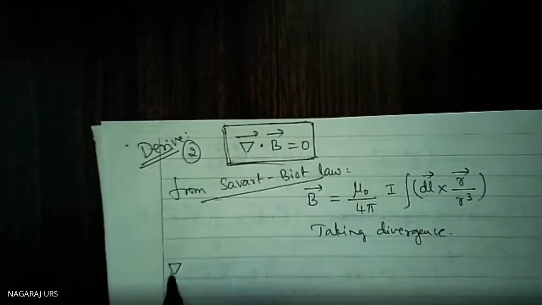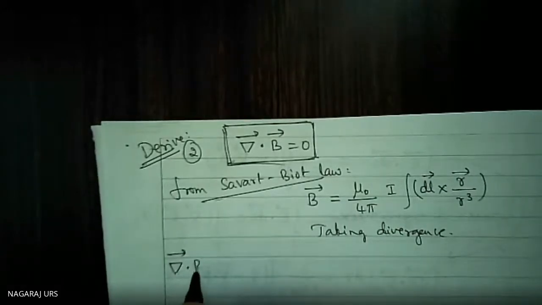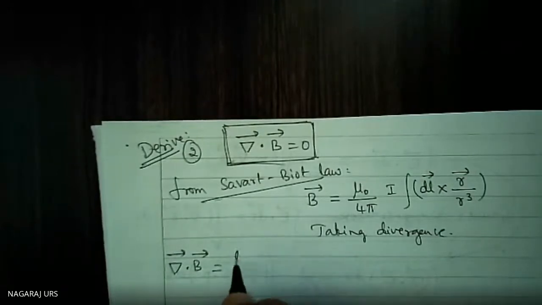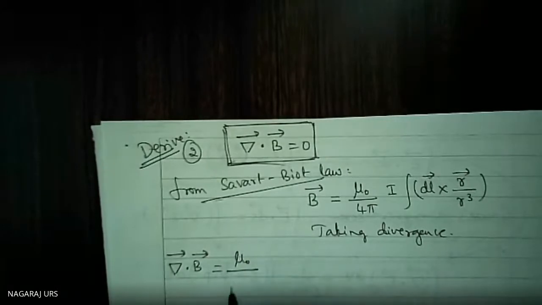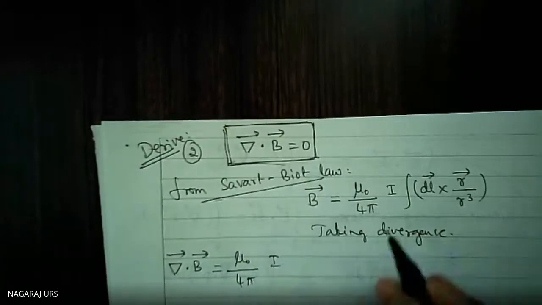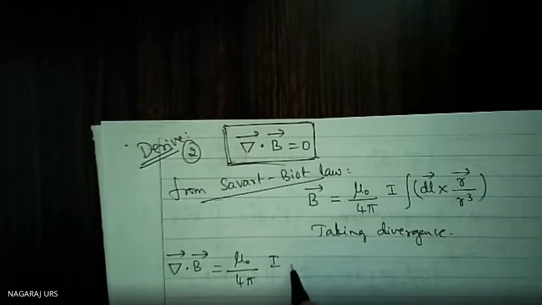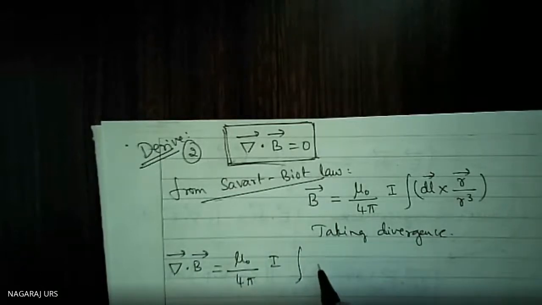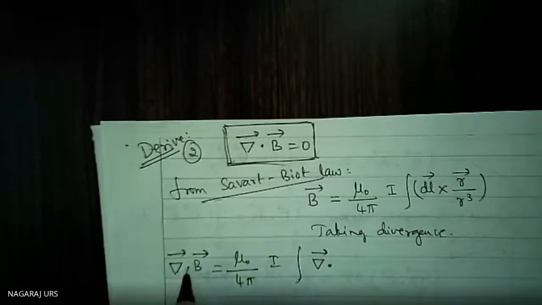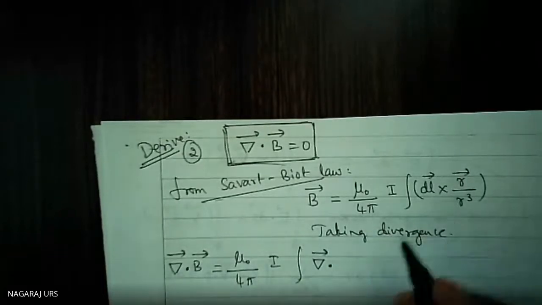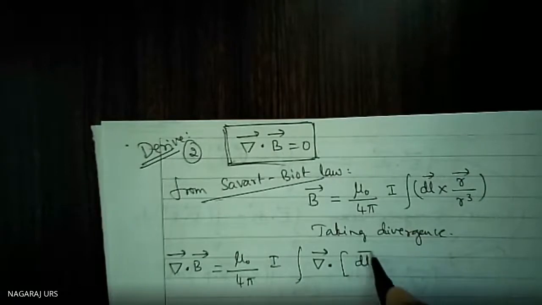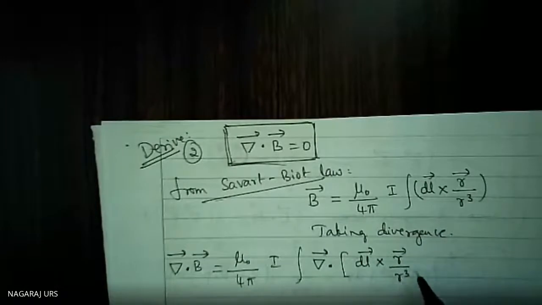Therefore, del dot B is equal to mu naught divided by 4 pi I, integration of del dot, dl cross R divided by R cube.